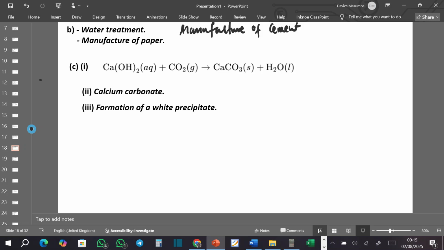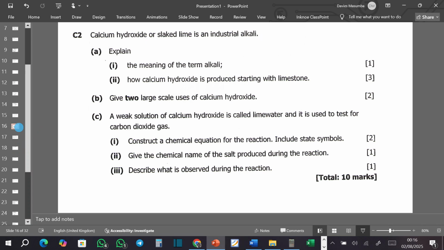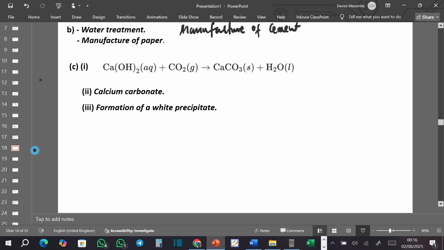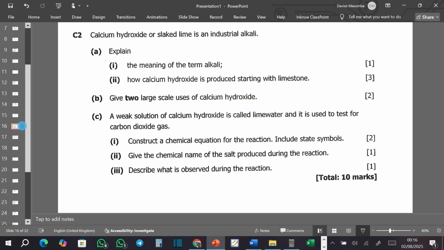They give calcium carbonate and water. Then Roman numeral 2, give the chemical name of the salt produced during the reaction. So the chemical name should be calcium carbonate.